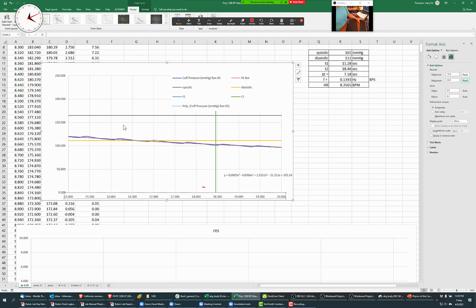Yeah, and if I wanted to, I could also zoom in here, which is going to be 100 to 150.